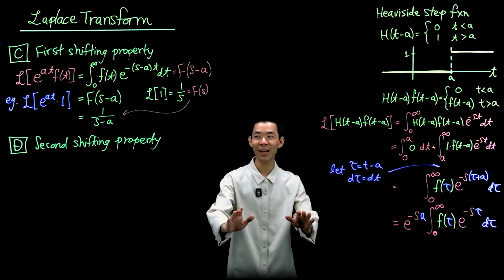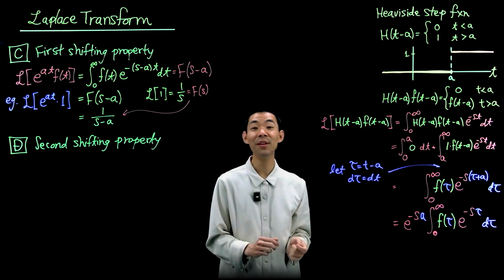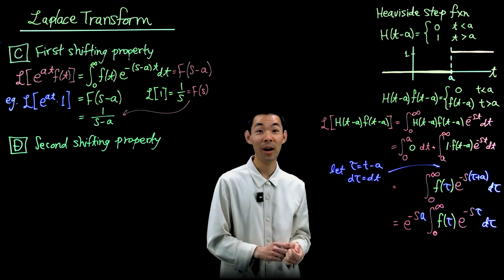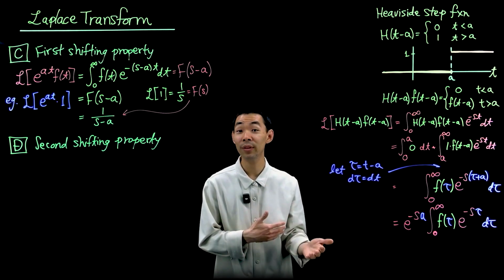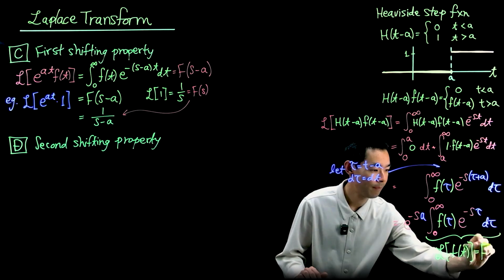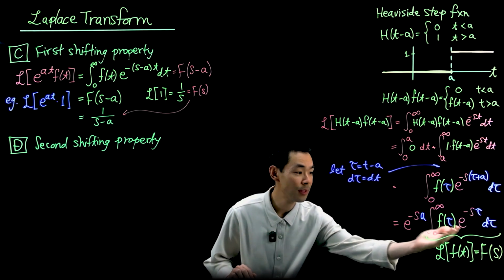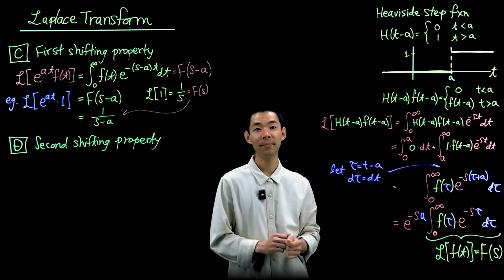And you've seen this enough times to recognize that this is the definition of the Laplace transform of little f. Tau is just a dummy variable; you can swap it with little t if you want. And now the connection is exactly clear. This is nothing more than the Laplace transform of little f, also equal to capital F of s.